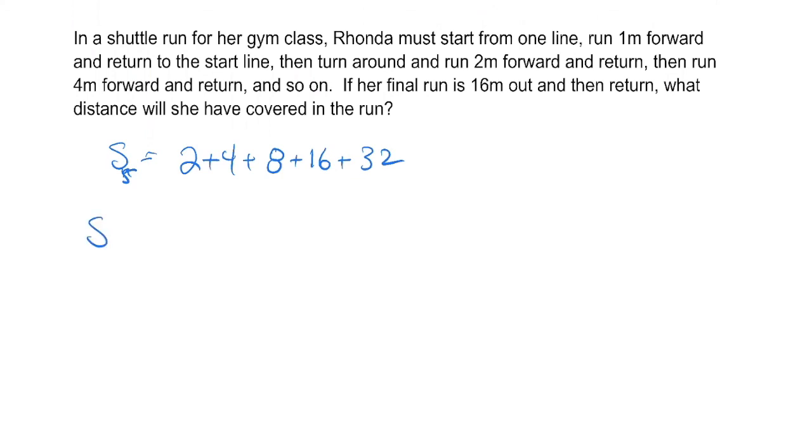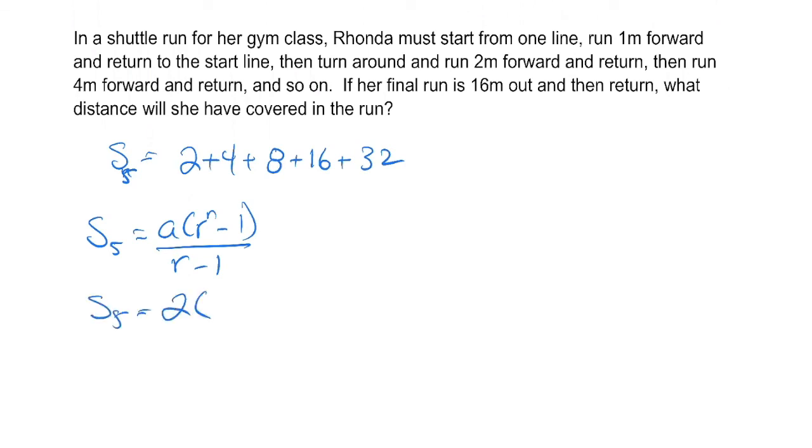So let's go back to our original formula, because that's the one we're probably going to use the most. So a times r to the power of n minus 1 divided by r minus 1. So in this case, S of 5 is, well, the first term is 2.